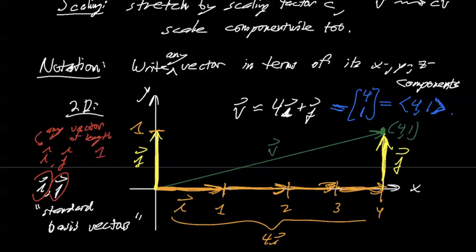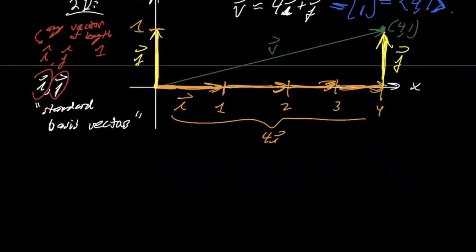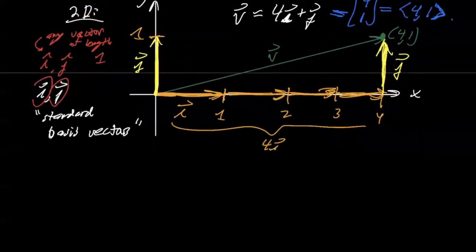They're called unit vectors. Some books reserve this little hat symbol instead of an arrow. I like to draw this little arrow, but some books will use this little hat for a vector of length 1.